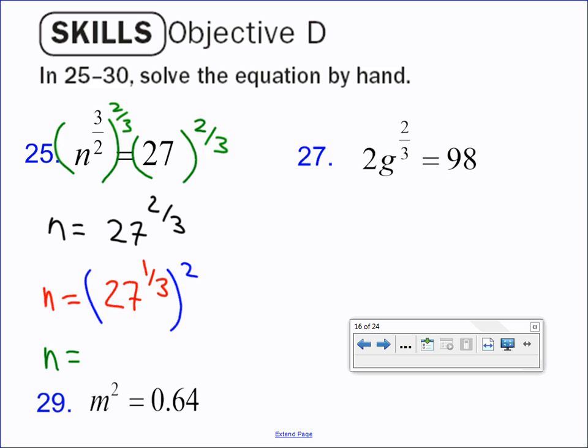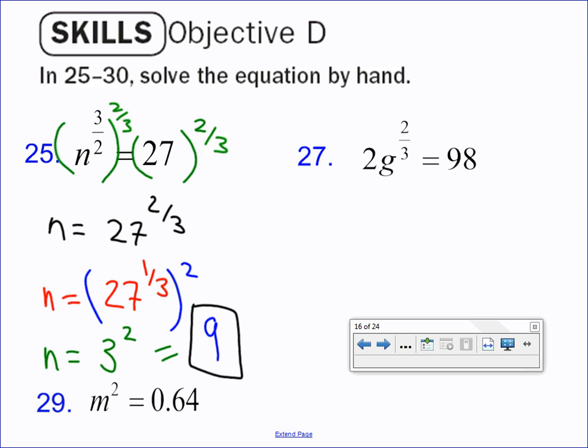So we get n equals the cube root of 27. Everybody find it? What's the cube root of 27? Heather? 3, thank you, and I still need to square it. For my final answer, I get n equals 9. For fractional exponents, we're only going to include positive base solutions n, and so I only have a single solution, n equals 9.